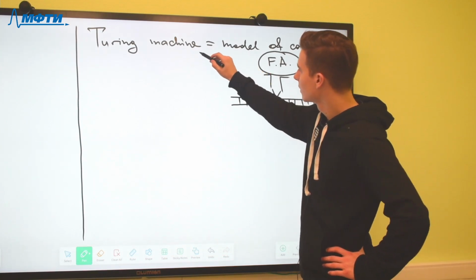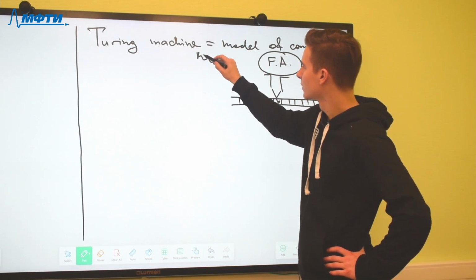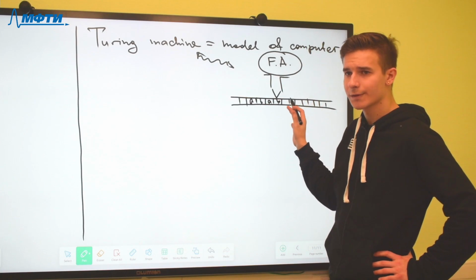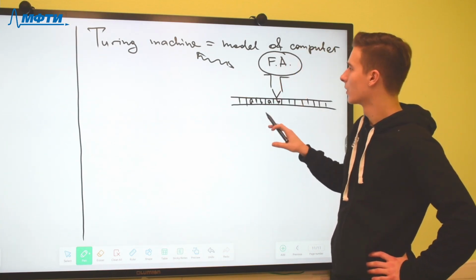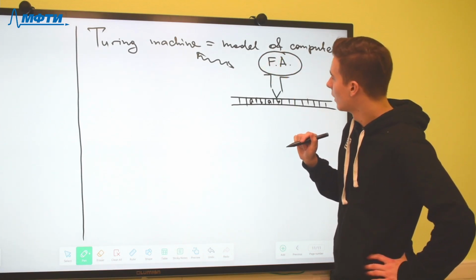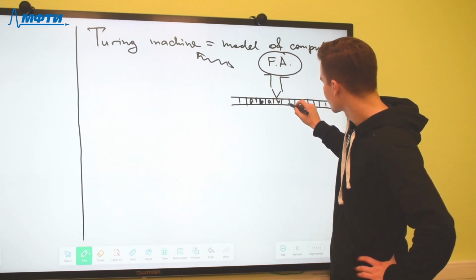So informally it is equal to a Turing machine. Yeah, it is a string with some characters and a finite automaton on it as a computational instrument.